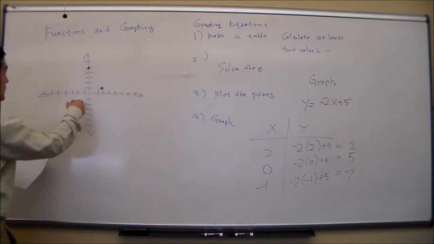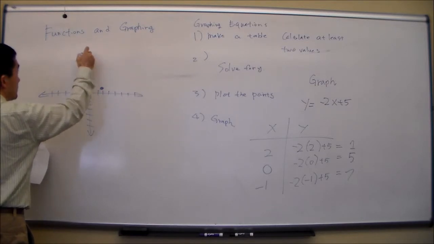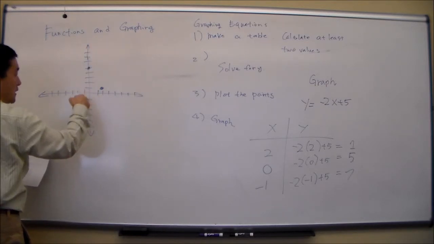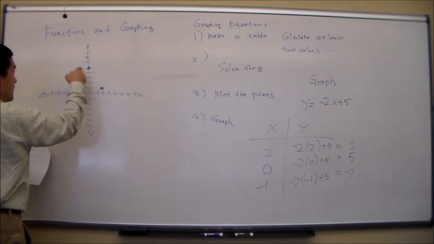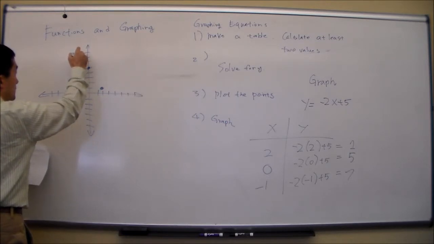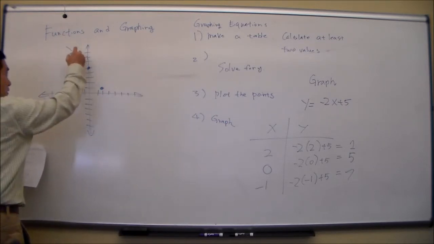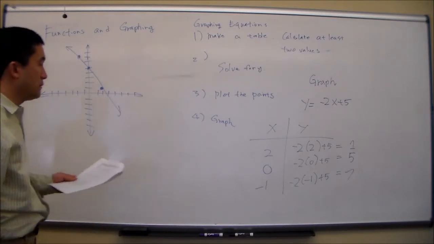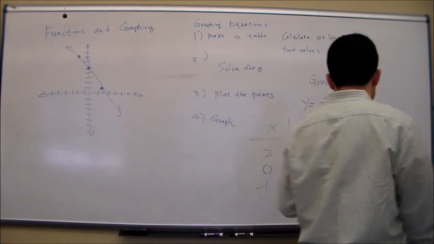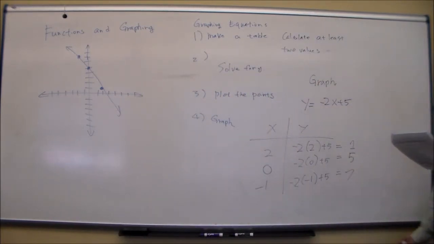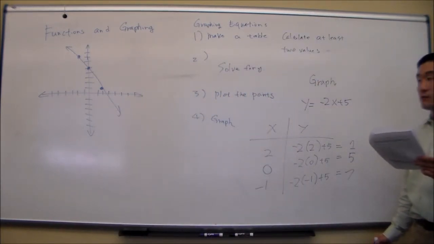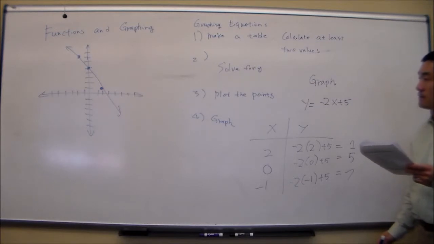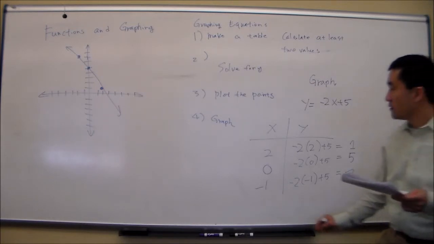Negative 1, and then 7. So negative 1, 1, 2, 3, 4, 5, 6, 7. Okay. So it looks right because it's a straight line. So that's the graph of y is equal to negative 2x plus 5. So let's do a second one.